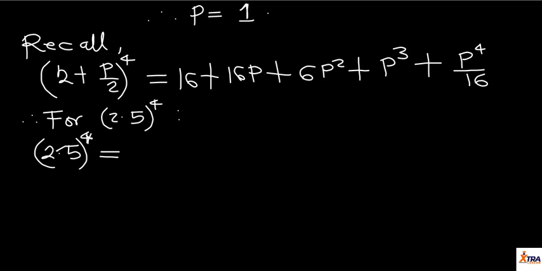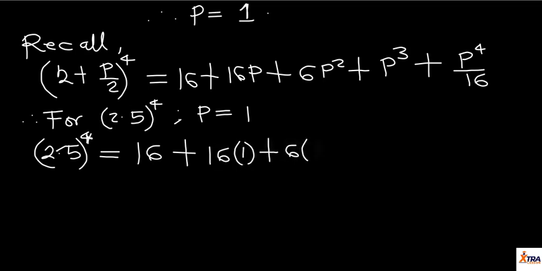We know that p is equals to 1. So we just substitute a value of p for 1 from the original expansion. We have 16 plus 16 times 1 plus 6 times 1 squared plus 1 raised to the power 3 plus 1 raised to the power 4 all over 16.